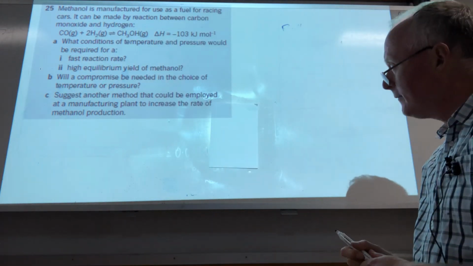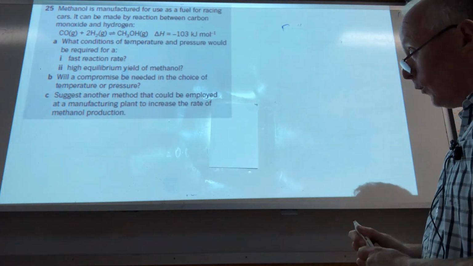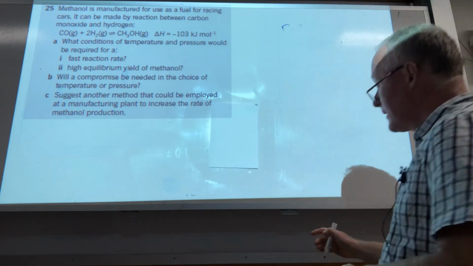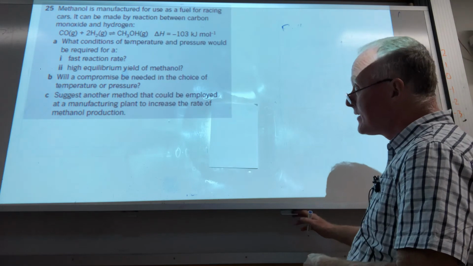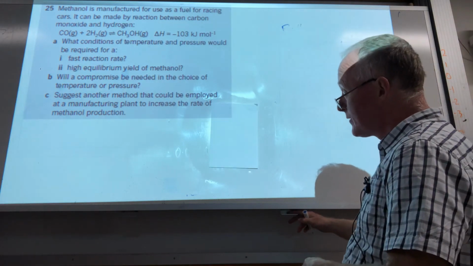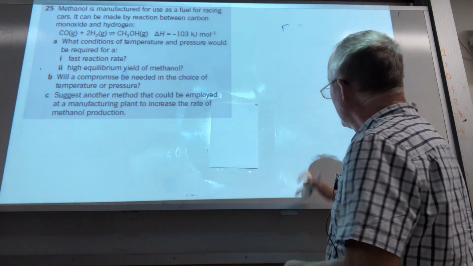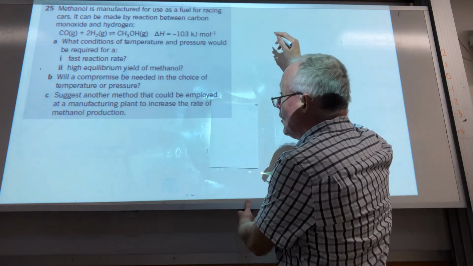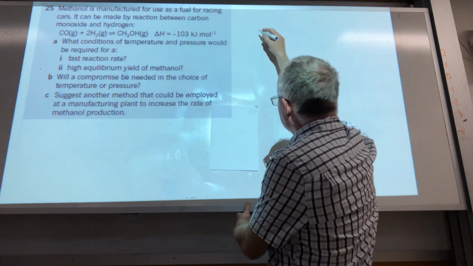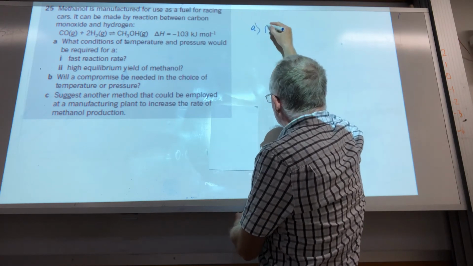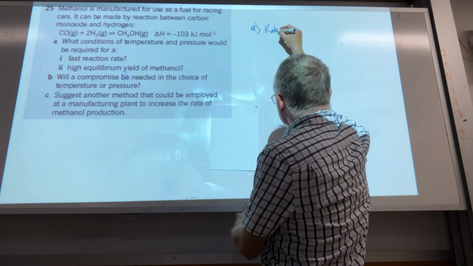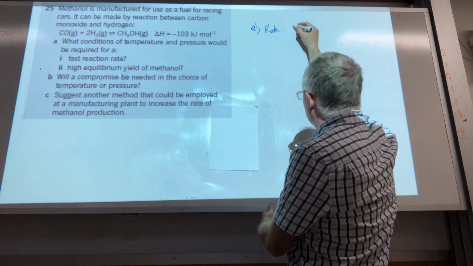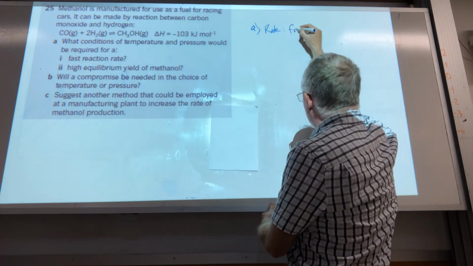Question 25 starts off by looking at rate, then looks at equilibrium, to see if there's any difference between the requirements for each of those. So to get a rapid rate, we need to maximise rate. What we need is frequent collisions that break bonds.